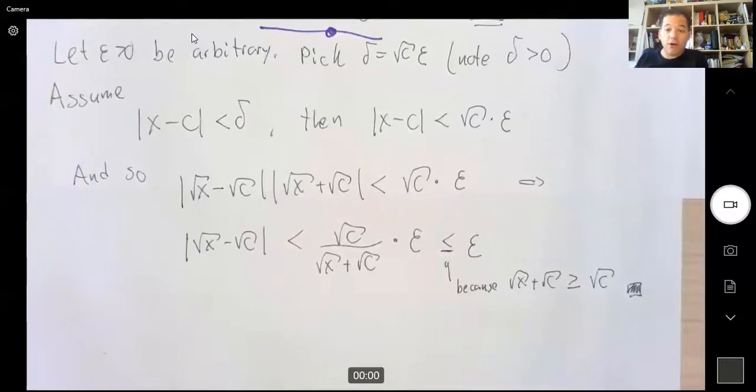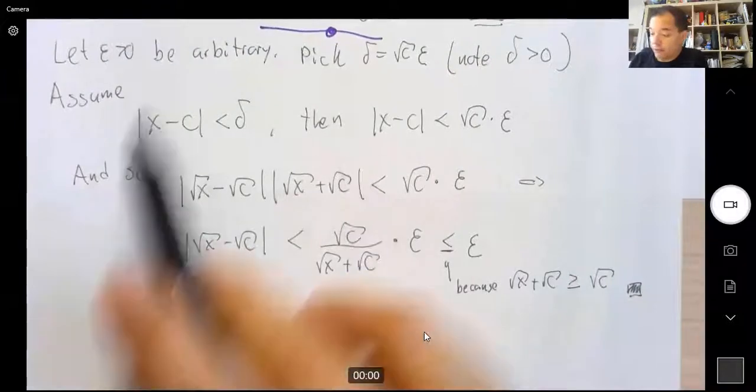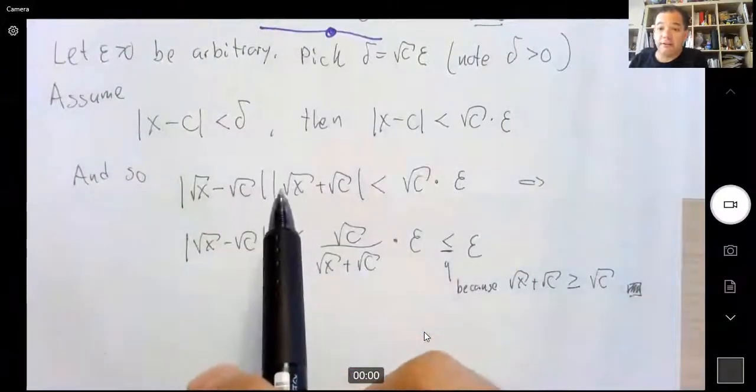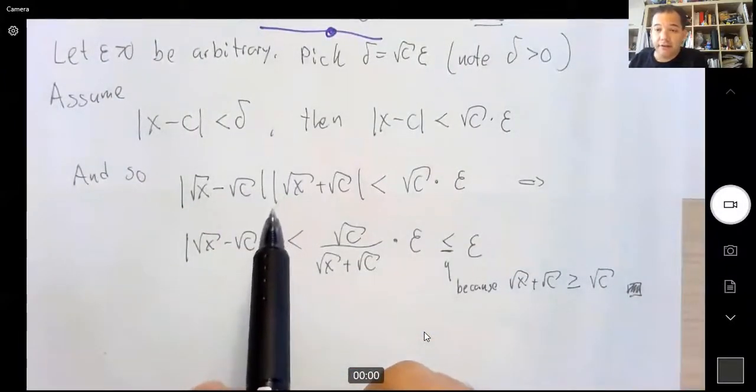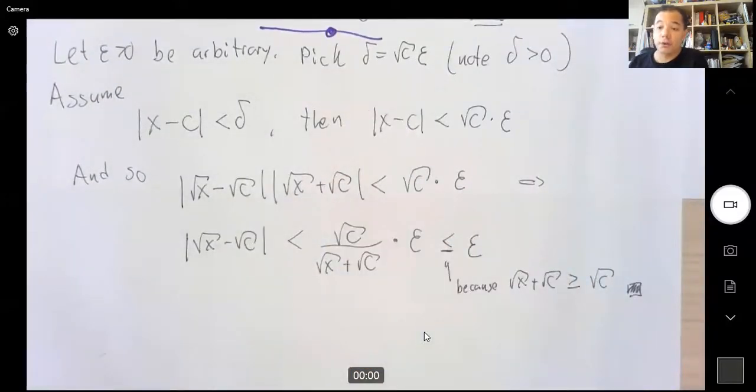There are other ones like these that I highly recommend that you look at, right? One that is very instructive, if you want to practice and get better at this: instead of trying the square root, try the cubic root. That's a very instructive one. Try the cubic root of c.